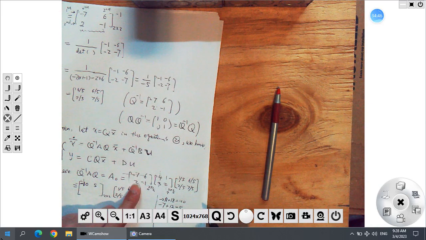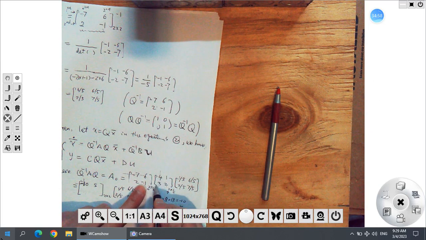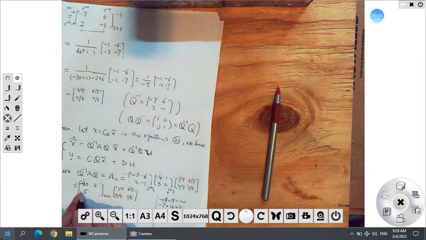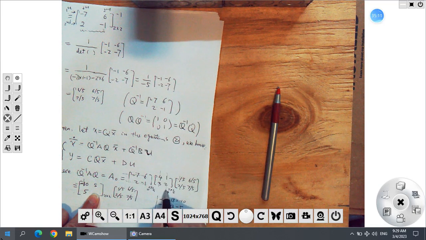And then this element is the second row, first column. I have 8 minus 3, right? 2 times 4 is 8, 1 times 3 is 3. So 5. The last one is the second row, second column. I get 2 minus 2, it is 0.